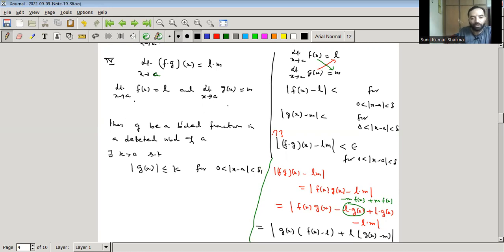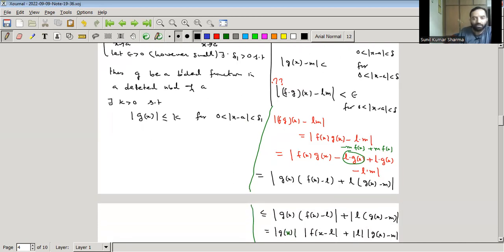So here we have to take let epsilon greater than 0 be given. There exists delta 1 greater than 0, this delta 1 depends upon epsilon, such that mod x minus a is less than delta 1. So let this be our first condition.